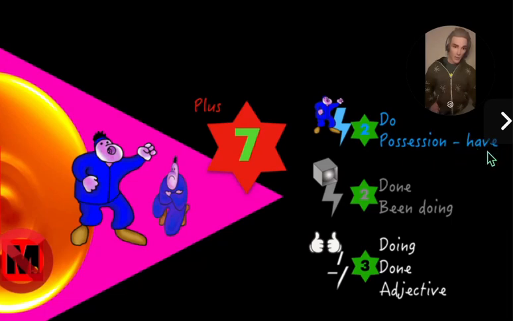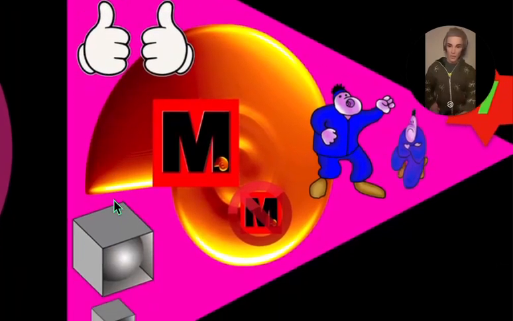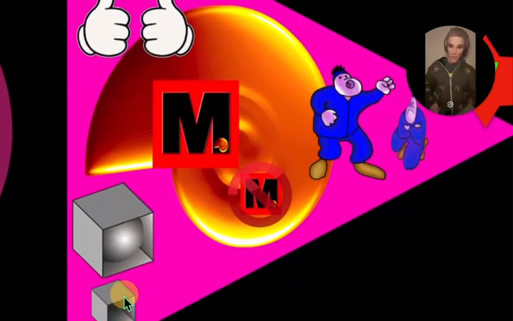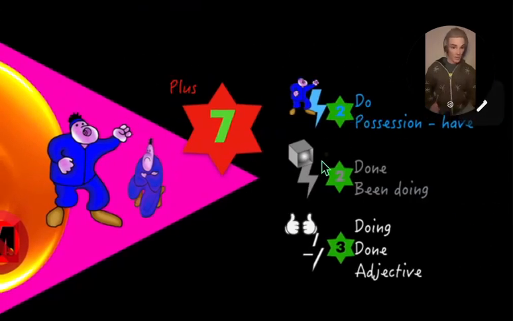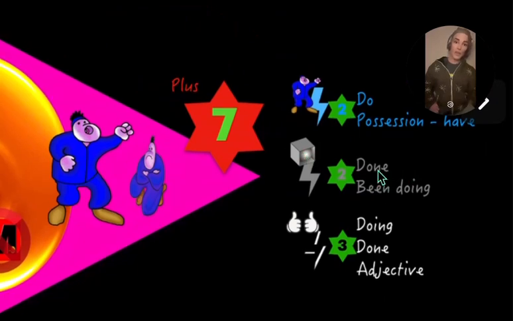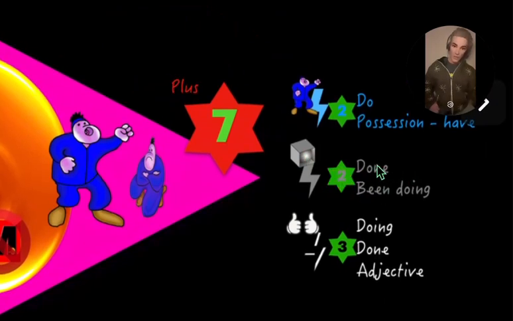Done or been doing. So have done or haven't done, had done, hadn't done, right? Have or has been doing, had been doing. Okay. And then for the verb to be or not to be, we have 3 patterns. We have doing, done, and the adjective.